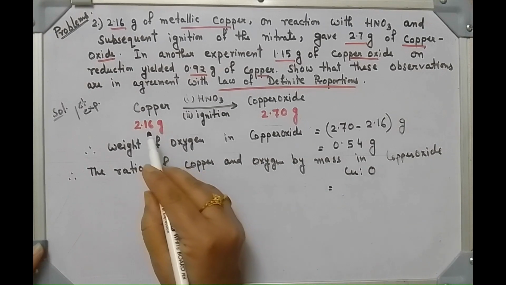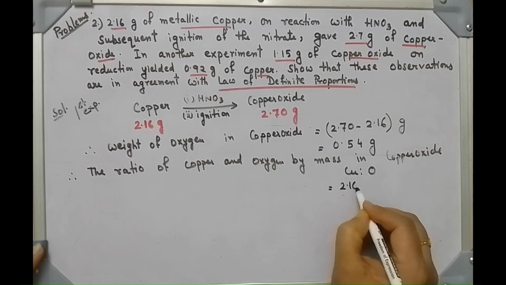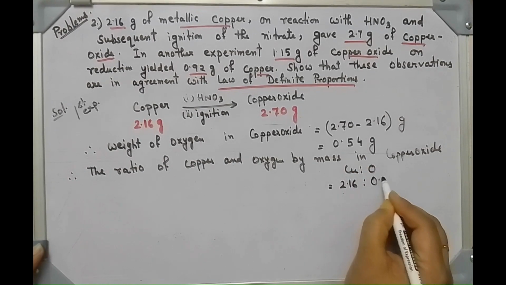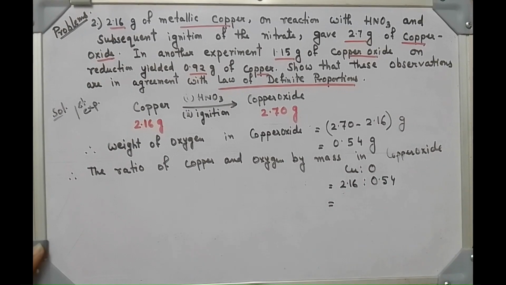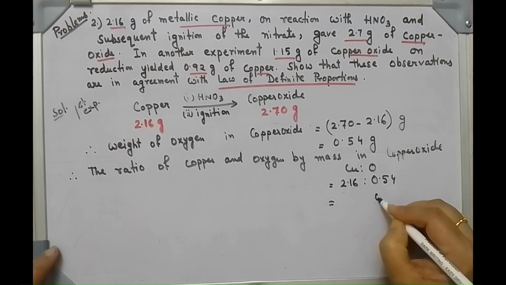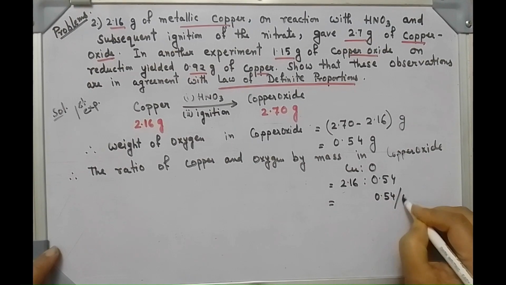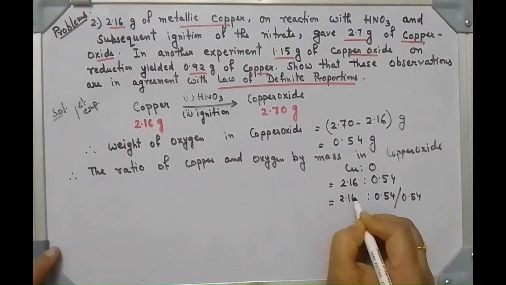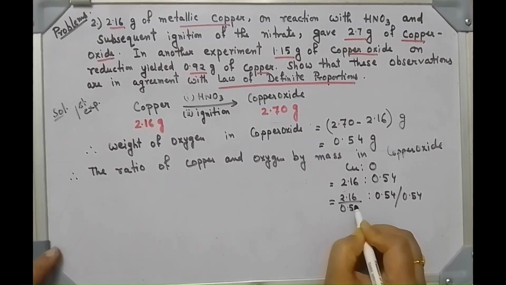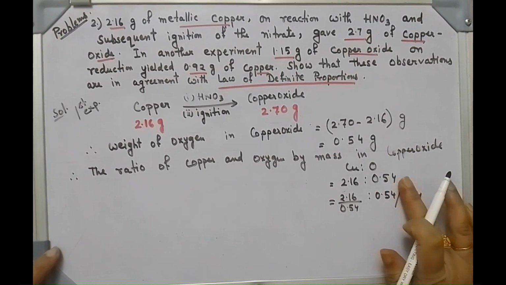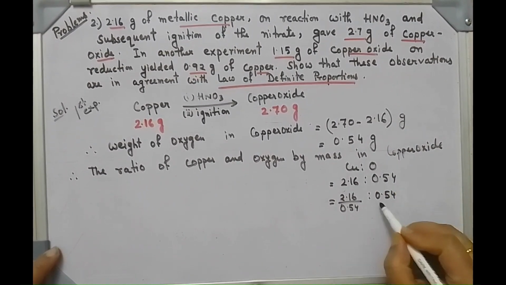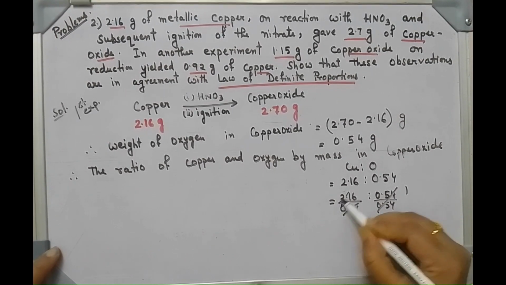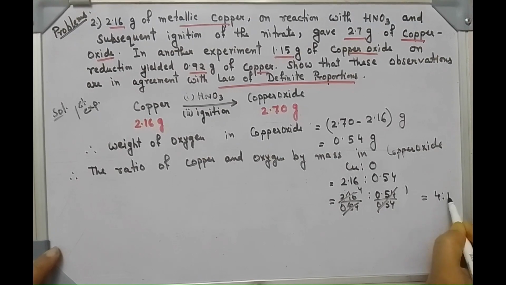Copper is 2.16 grams, and oxygen is this much grams. So you have to simplify to get a simple ratio. Here we are getting 4:1.